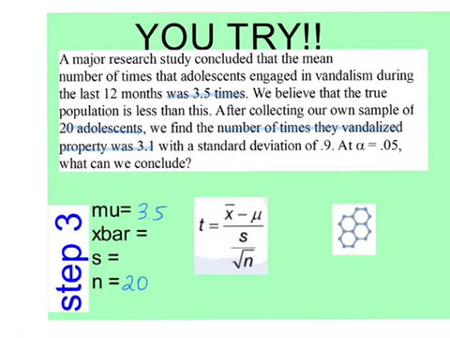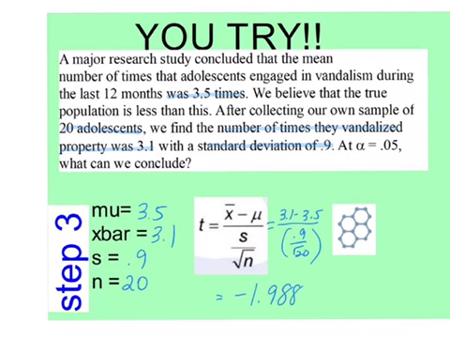So X bar, the sample mean, is 3.1. S, the standard deviation for those 20 people, is 0.9. Plug the formula in, and you get negative 1.988 rounded to 3 decimals.